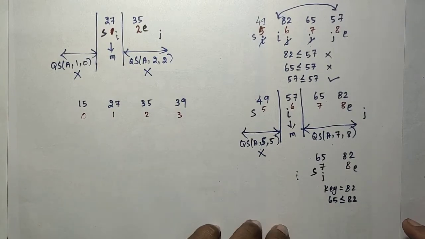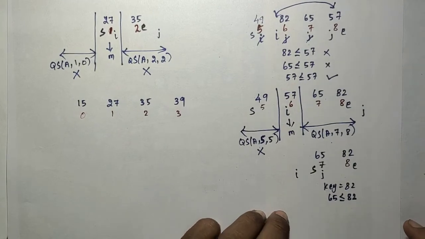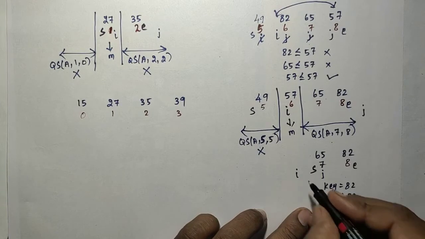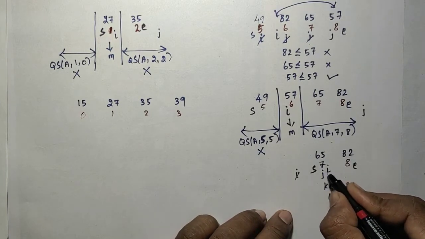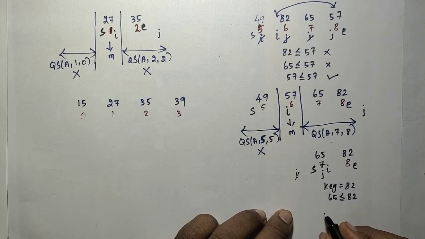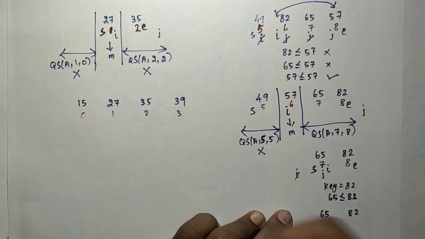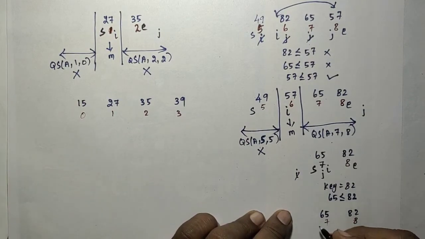At the end of this comparison the condition is true. True means I gets incremented, and the ith element and jth element will get swapped, so that there is no change, 65 and 82, and the indices are 7 and 8. Here is S, E, I will be this one, and j will be moved to here.